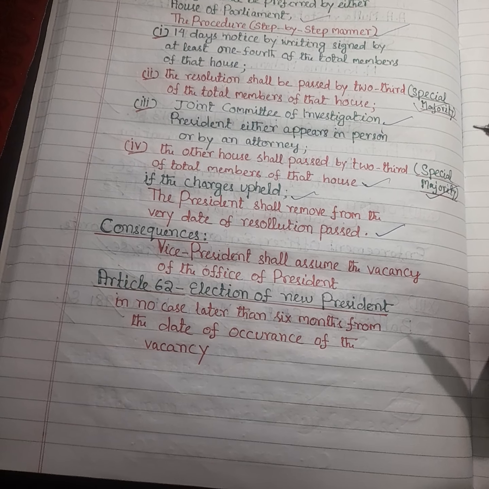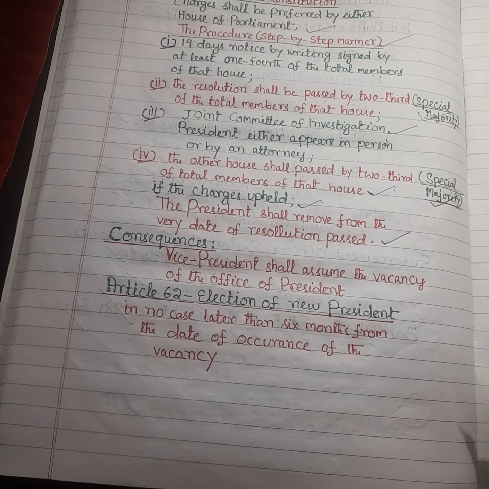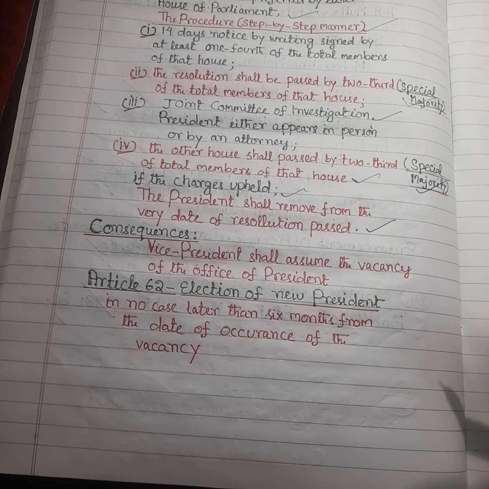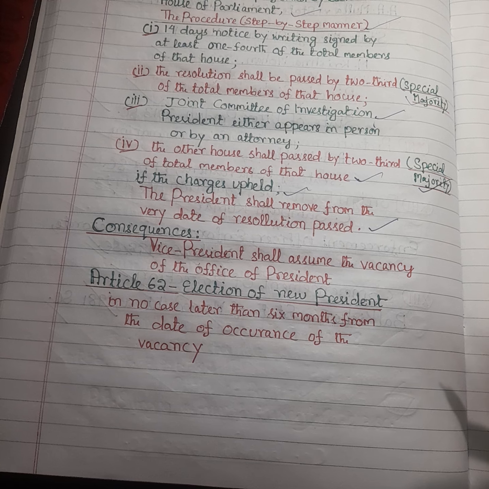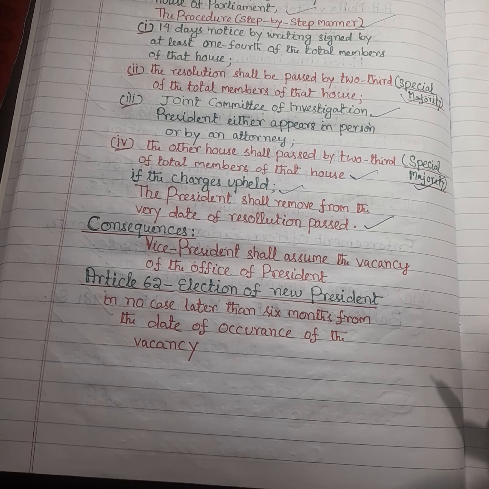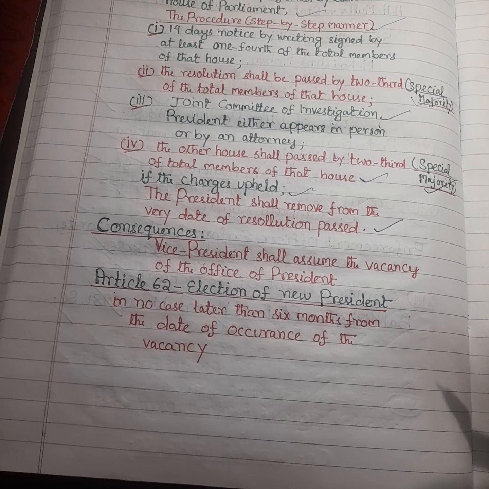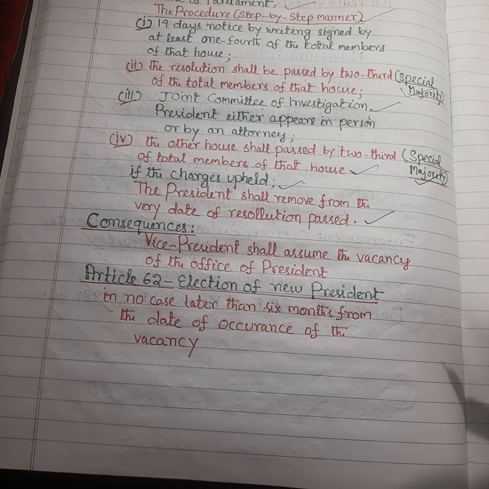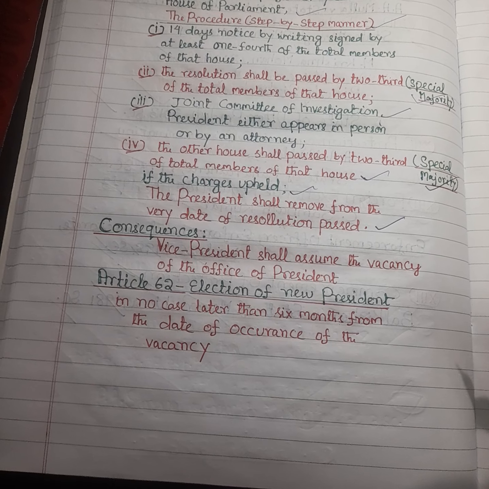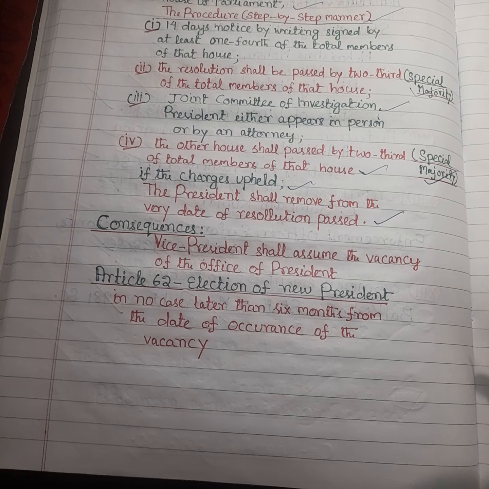Then the other house shall have to pass a resolution by two-thirds majority of the total members of that house, which is also considered a special majority.